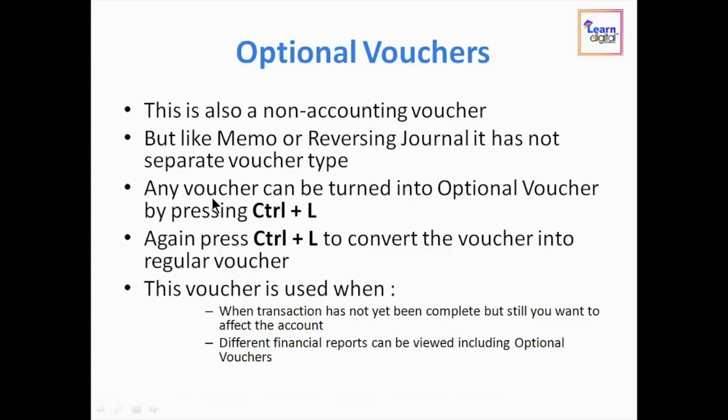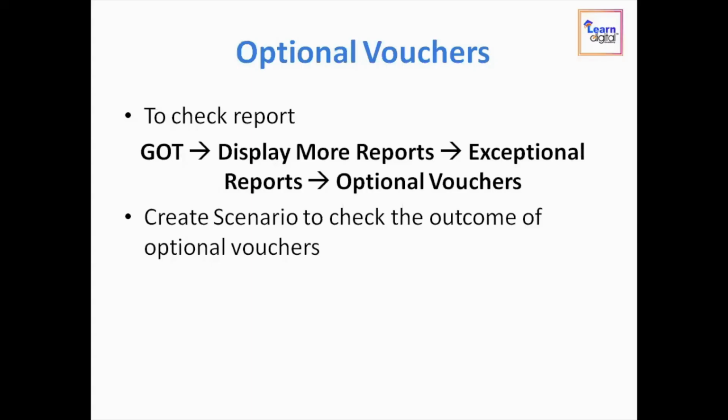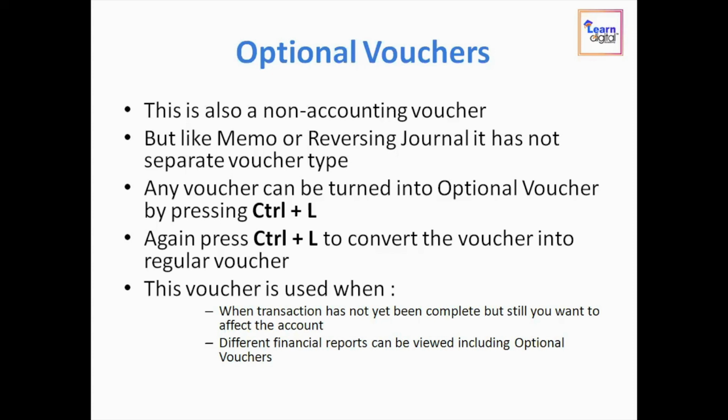So the next part is optional vouchers. This is also one type of non-accounting voucher, but like memo and reversing journal, it has no separate voucher type.